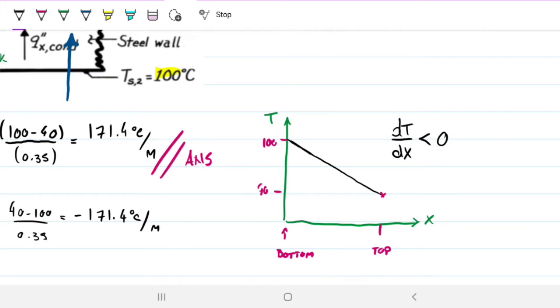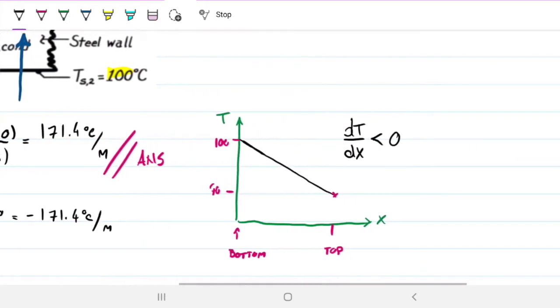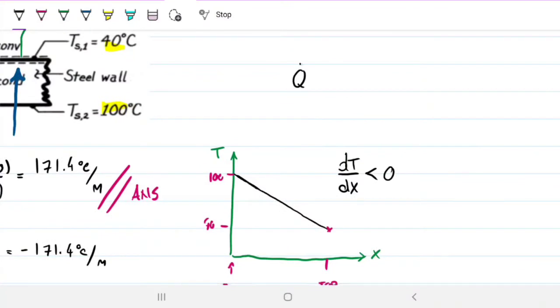Where does that show up in Fourier's law? It shows up in that negative sign, which we remove so long as we make this the largest number minus a smaller number.